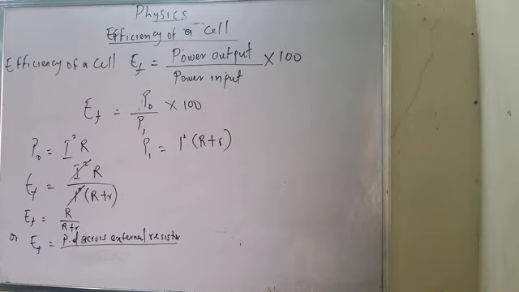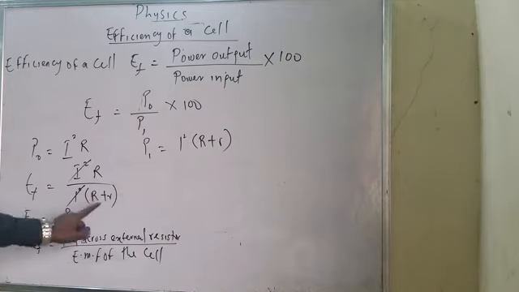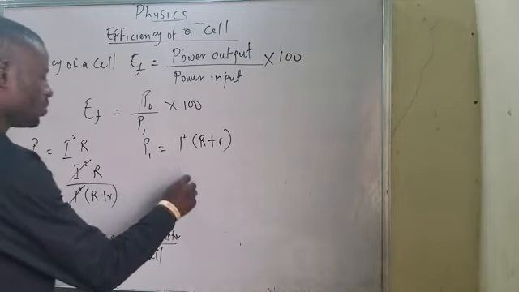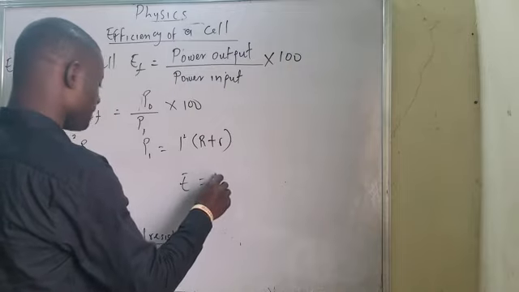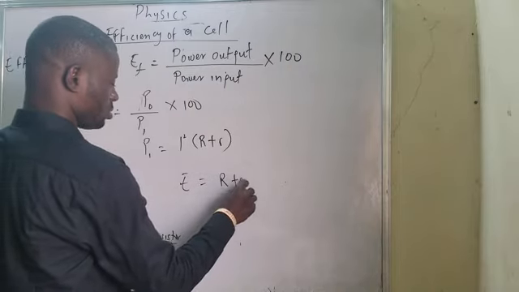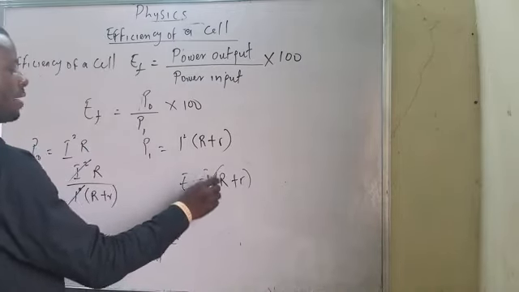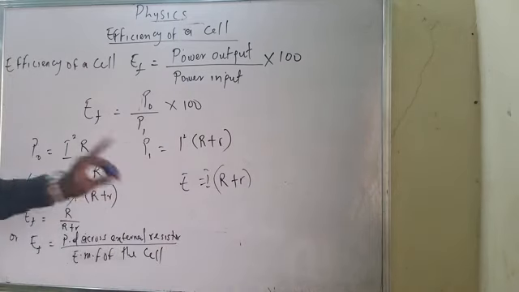Efficiency equals the potential difference across the external resistor divided by the electromotive force of the cell, which I've explained earlier, that my E, the electromotive force, equals I times R plus r. I did that in our previous video.